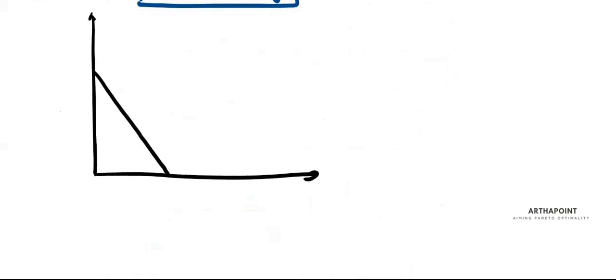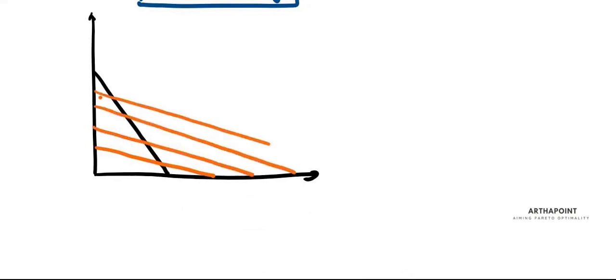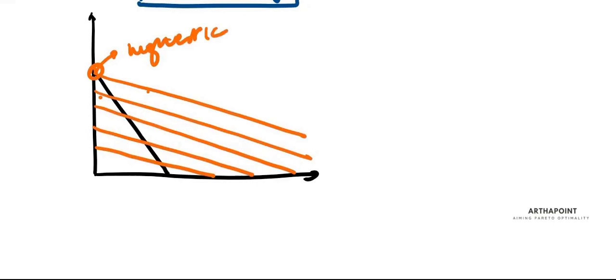And then I start plotting my indifference curves. So this is my indifference curve. Is this the highest indifference curve? No. I can go higher, higher, till I reach this point. This is the highest indifference curve which is within my budget.